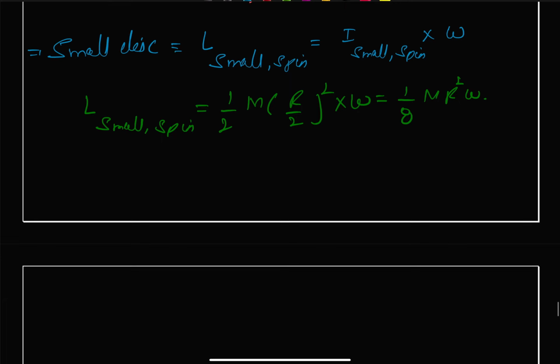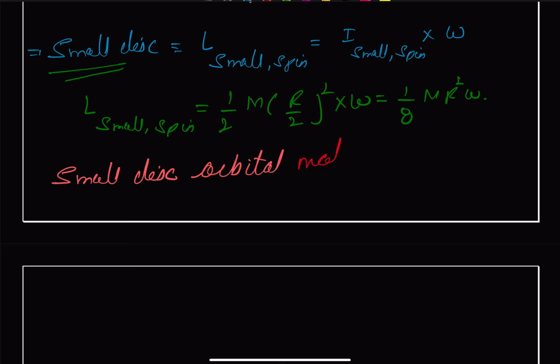Now this small disk is going to rotate, or we can say, have orbital motion. So the small disk in orbital motion is going to move about the larger radius, that is r.